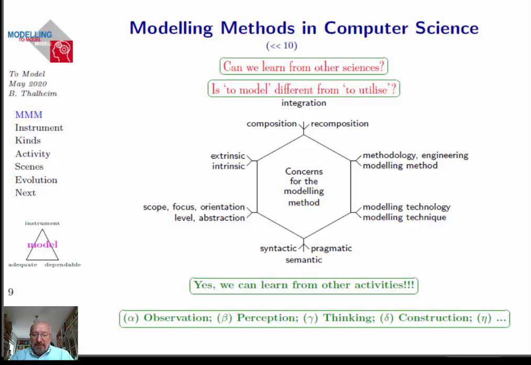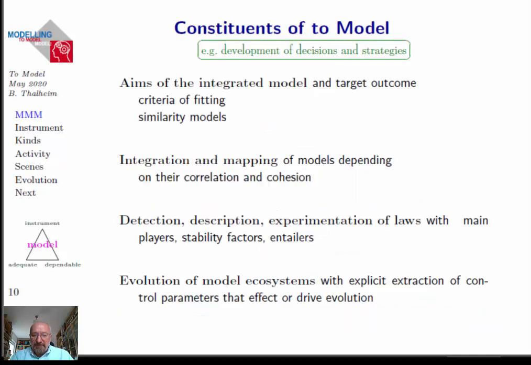It can also be based on some kind of technology and techniques. Of course, we focus and scope, orient, whatever is represented, and we can use, since we are mainly language-based, semiotics for representing things. That means in this case we have constituents of the activity to model.